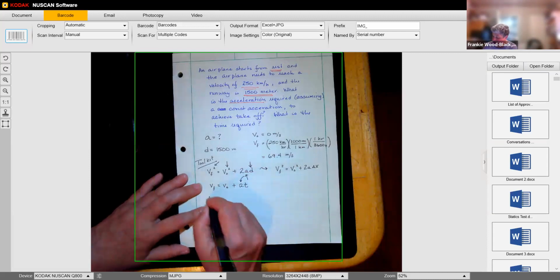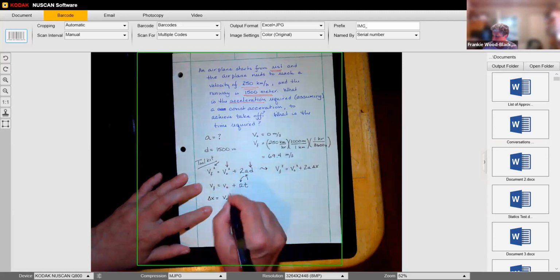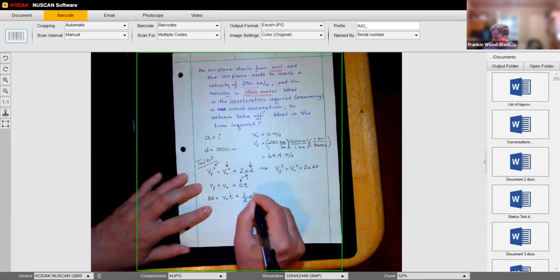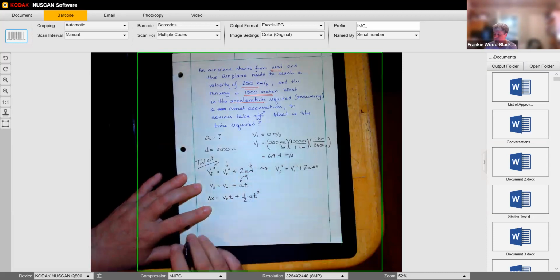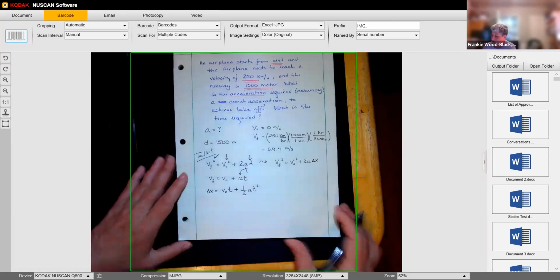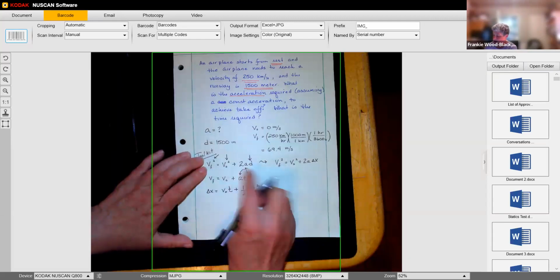Or I have my change in position is equal to my initial velocity times time plus 1/2 the acceleration times time squared. So I have a couple of ways of finding time. But we're going to start with the first one, and I'm going to go ahead and solve for acceleration first.